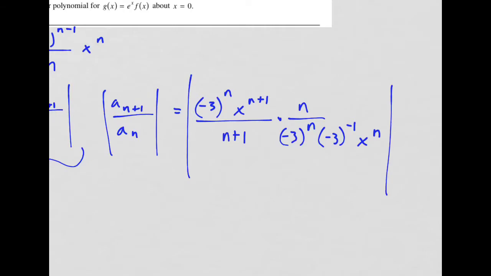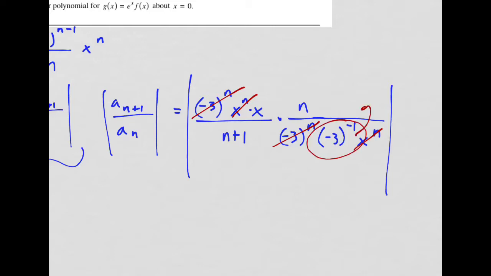Okay, there we go. And now things cancel. X to the n plus 1 is the same thing as x to the n times x, so I'm going to cancel out the x to the n. That's very good.